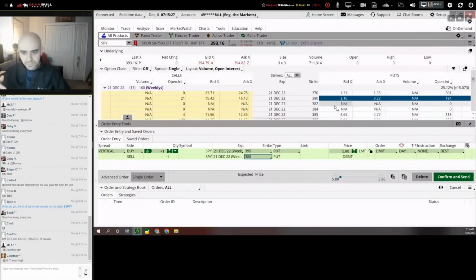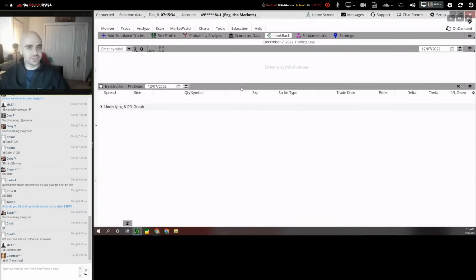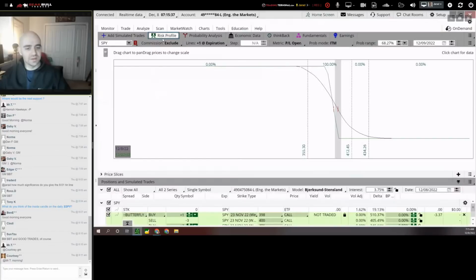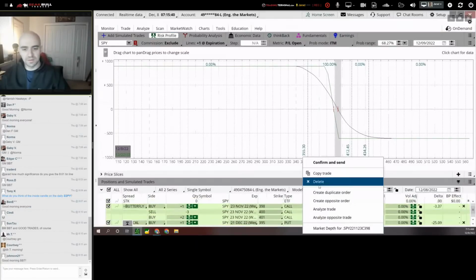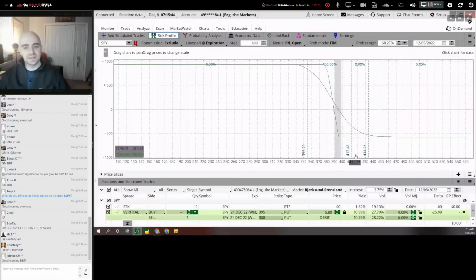So what does this look like from a P&L perspective? How would this work as a trade starts to mature? And what are some of the positives and negatives of opening a vertical? First things first, it is defined risk, but it's also defined reward.